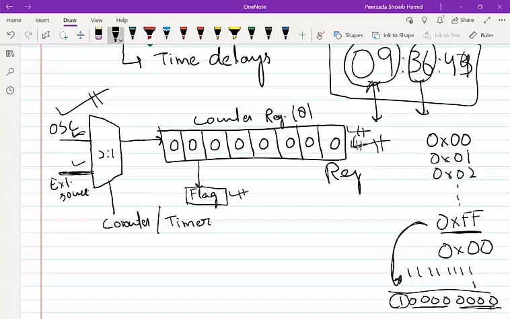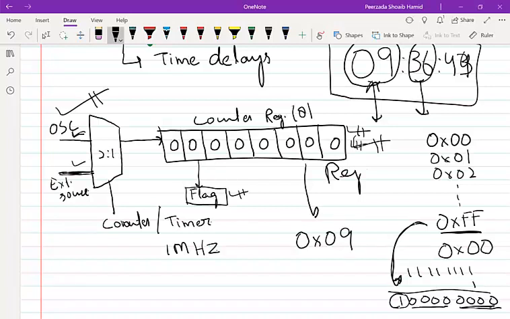For example, if the crystal frequency connected to the microcontroller is 1 megahertz, after a certain period of time we read the counter register and we come to know that the number is, for example, 0x09.